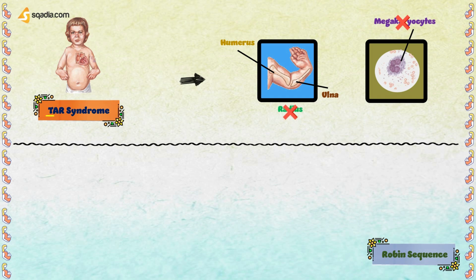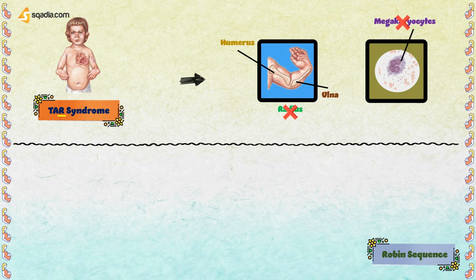T in Tarr syndrome stands for thrombocytopenia. A and R in Tarr syndrome stand for absent radius. That is why it is called Tarr syndrome, due to thrombocytopenia and absent radius. Now, moving towards Robin sequence.